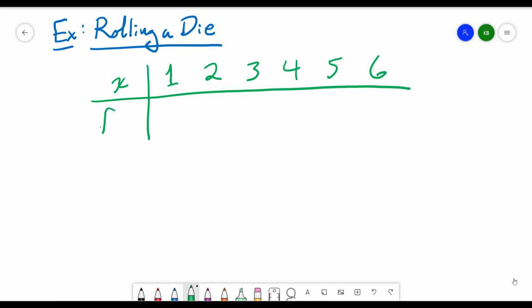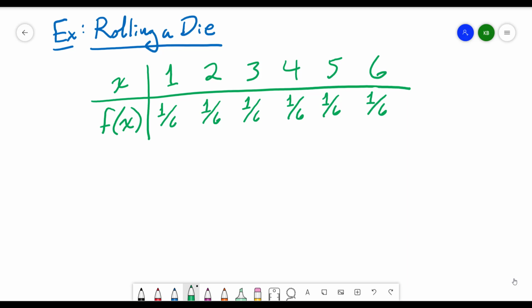Now, if I consider f of x in my probability distribution, this is the probability of each of those numbers occurring. So the probability that I roll a 1 is 1/6. The probability I roll a 2 is 1/6. A 3 is 1/6. A 4 is 1/6. A 5 is 1/6. And a 6 is 1/6.